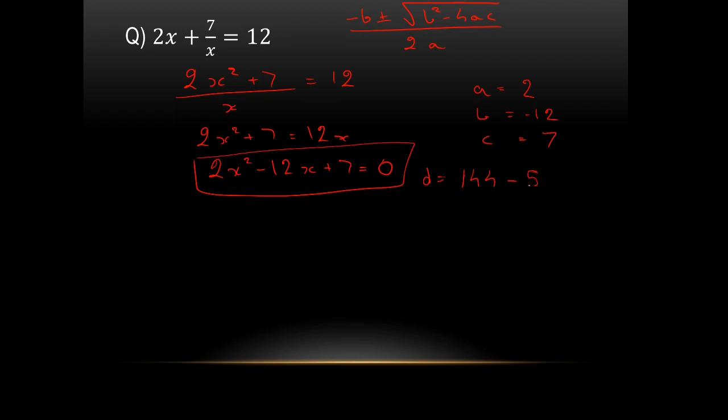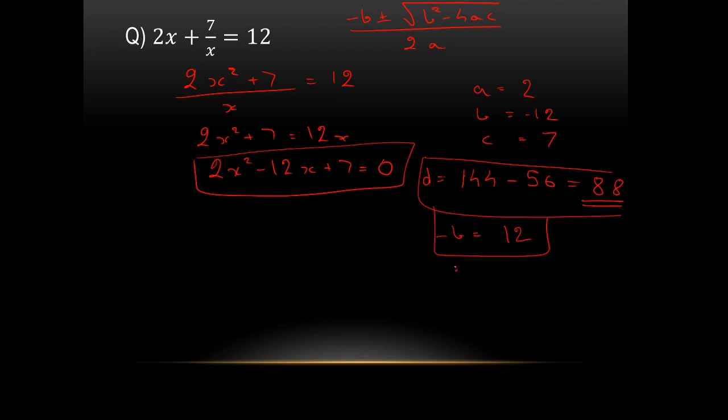So 144 minus 56, which is 88. So this is positive, that means both our roots will be real numbers. So 88 is b squared minus 4ac, and minus b is equal to minus of minus 12, which is plus 12, and 2a is equal to 2 into 2, which is 4.